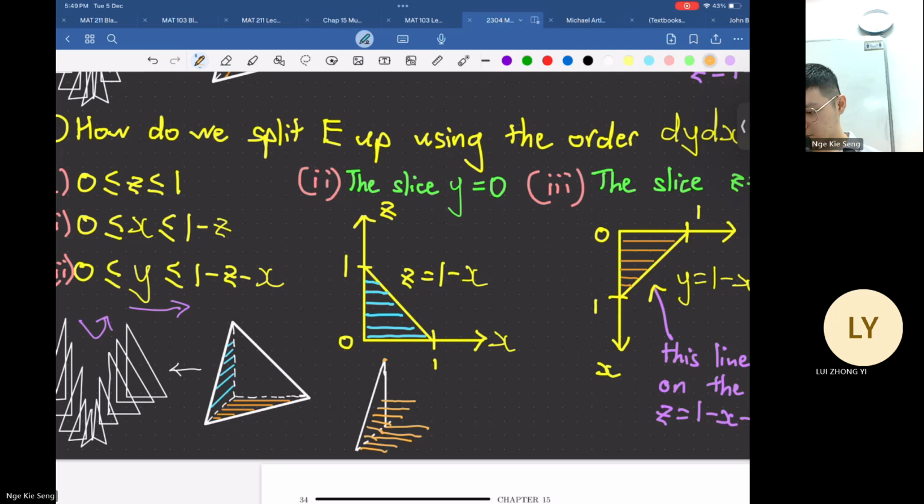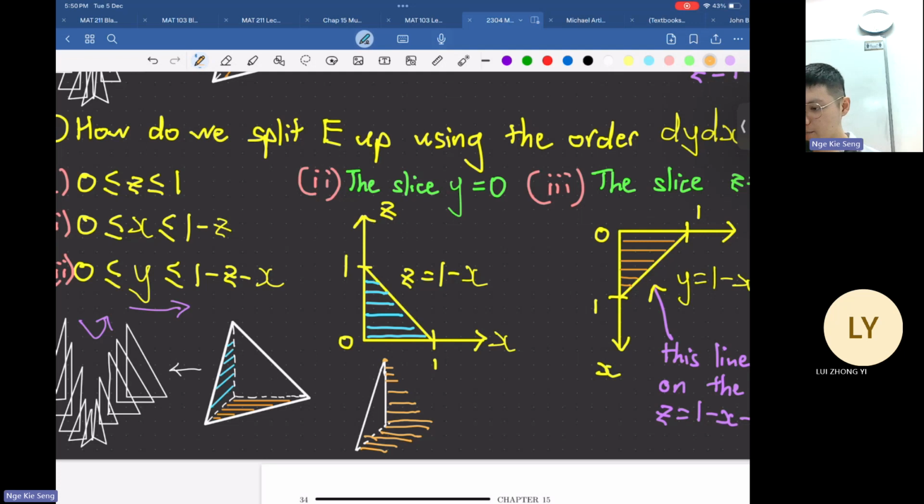Wait. So let me think. I think I drew something weird here. Okay, let me draw something else first. Let me check the xz on this line, right? So it should be something like that. And then getting smaller, smaller, smaller until you get this point. Okay.